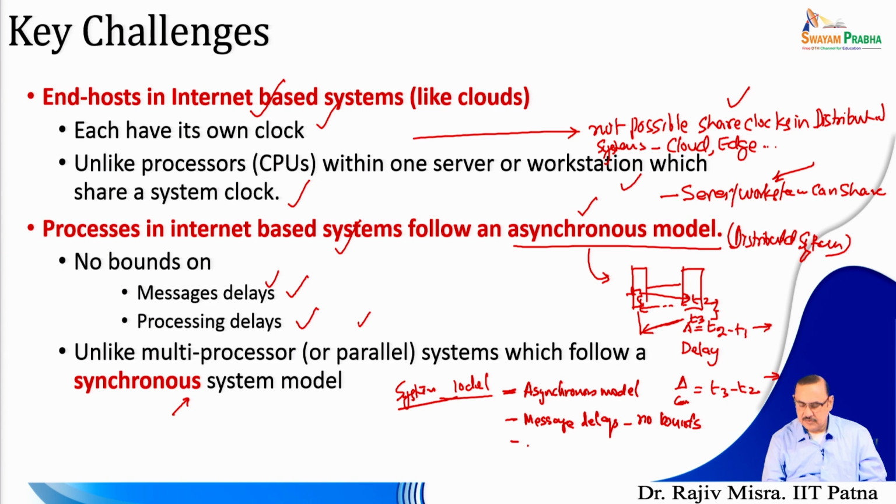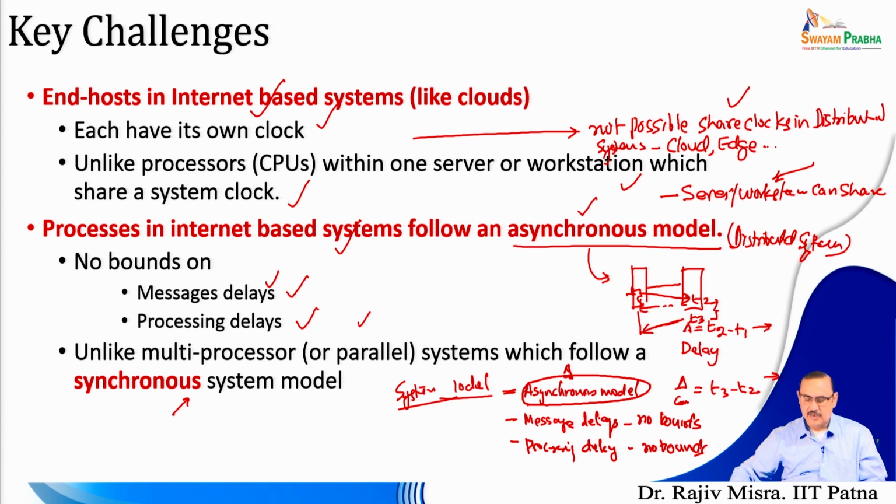Similarly, the processing delay also has no bounds. Such a model is called an asynchronous model. Under this asynchronous model, we have to see how clock synchronization is possible. So, this becomes a key challenge.